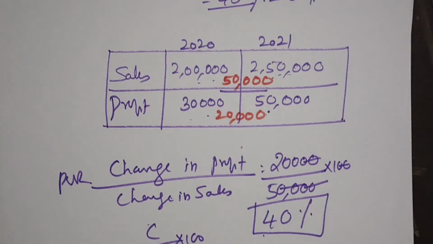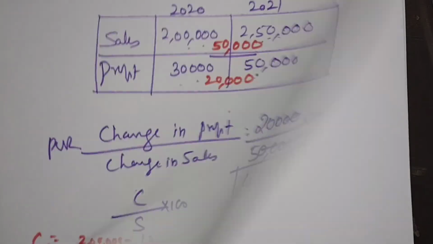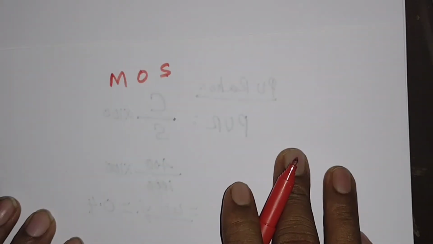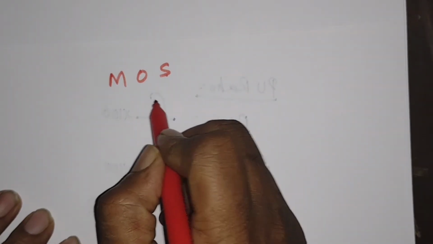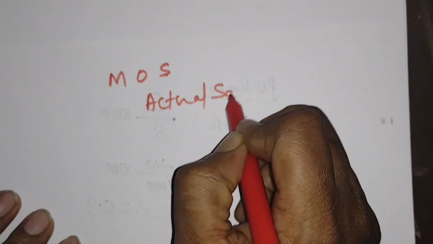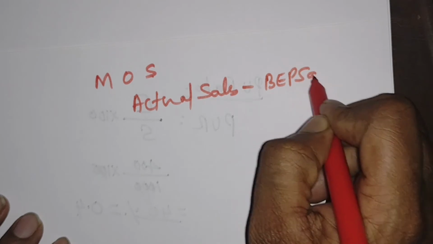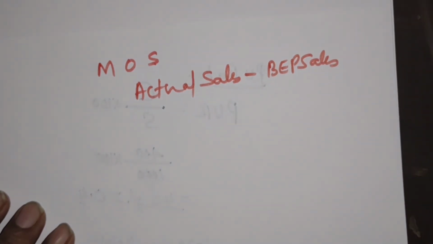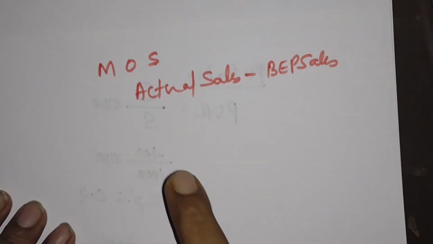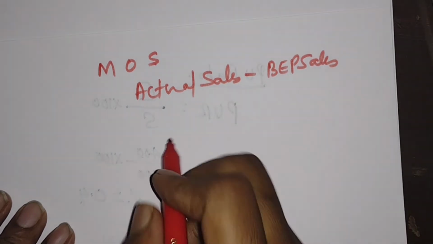What is the formula for margin of safety? The margin of safety, in short, will be written as MOS. What is this margin of safety? Margin of safety is equal to actual sales minus BEP sales. We have two different formulas. Let us see the answer in two different formulas. It is going to be the same.